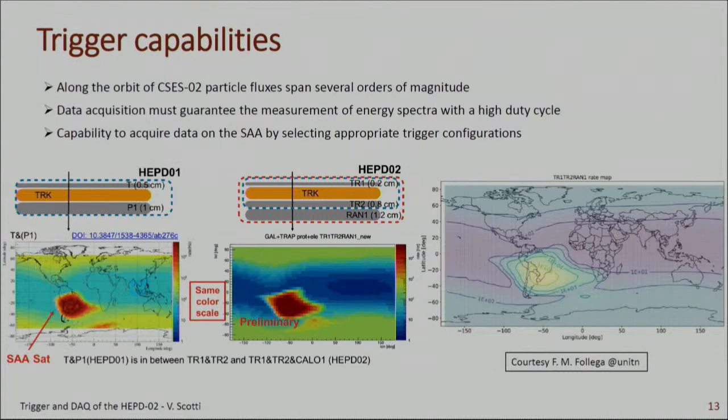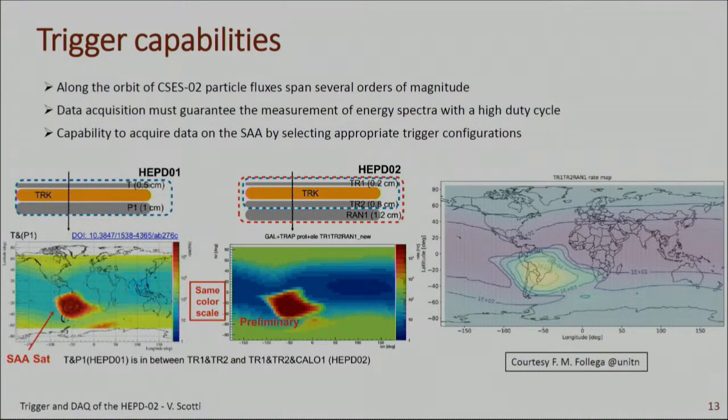And this is a simulation for HPD02 in a similar configuration to the one that was used to take data here. So you can see that the simulation is quite consistent with the data taken from HPD01. And from this simulation, we were able to draw some trigger rate maps using different configurations. You can see that on the South Atlantic anomaly, we can receive up to megahertz of trigger.